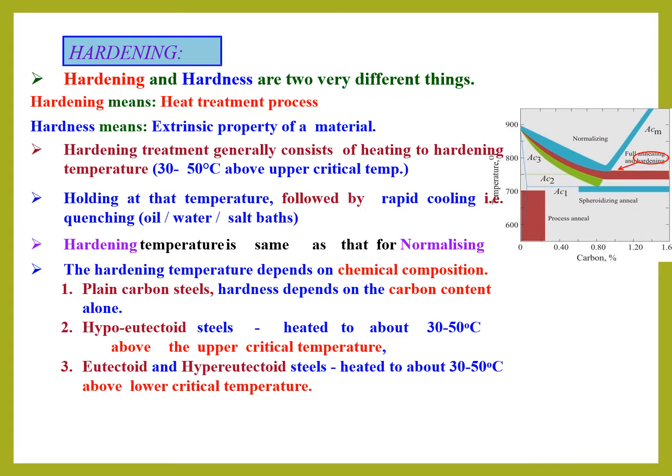Here in the hardening process, we have to heat the steel above the upper critical temperature, up to this temperature, and then slowly cool it.